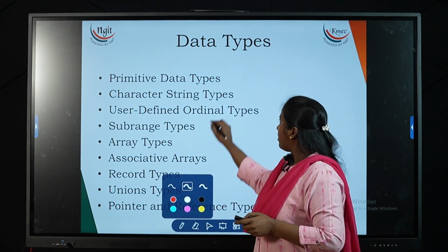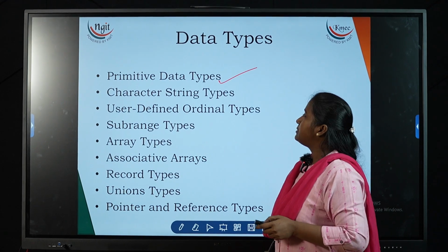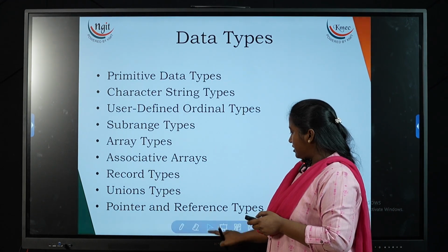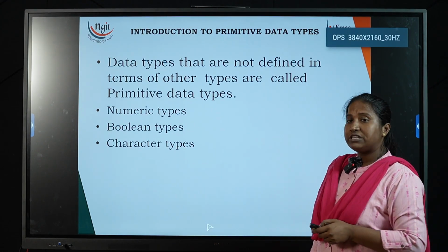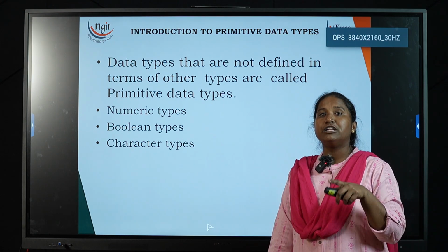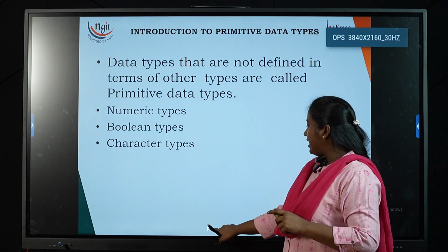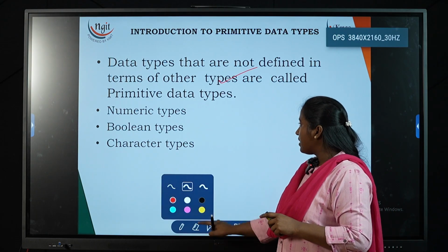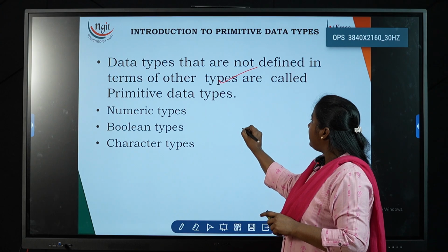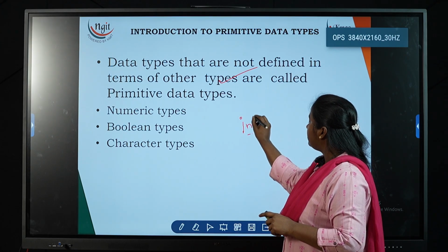Now, let's talk about primitive data types. What is a primitive data type? It is a data type which is defined in its own form. If I say the data type is integer, integer should not be defined in terms of any other program or other terms.